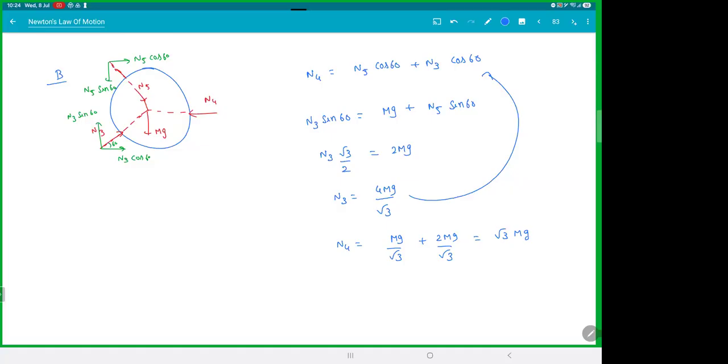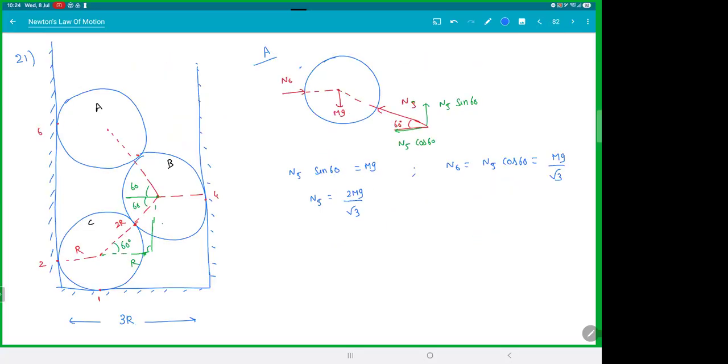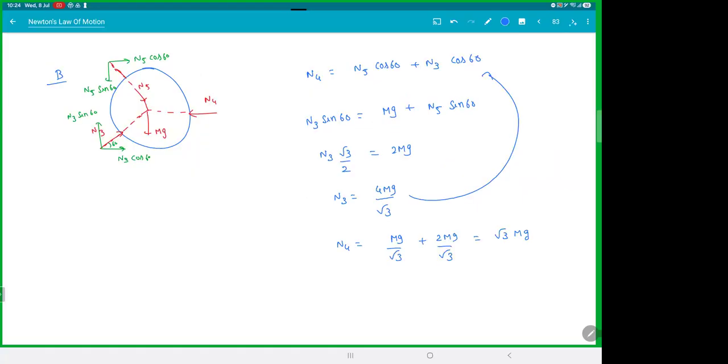I think I messed up. N4 is N5 cos 60, which is mg by root 3. N3 is 4, that's 2mg. Is that right? 60 and 30.